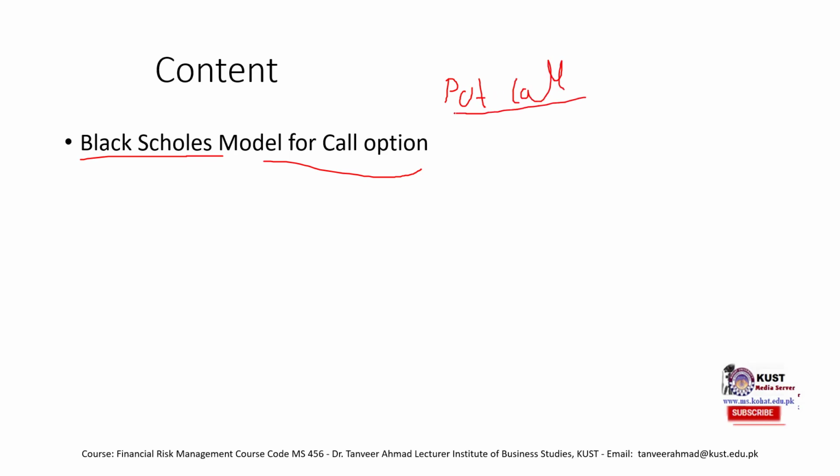By Hans Stoll, and that model was used to find the call premium and the put premium, so the intrinsic value of the price of the option. When we say intrinsic price of the option, that doesn't mean the strike price, but rather it means the price of the option, which is the premium that should be paid.